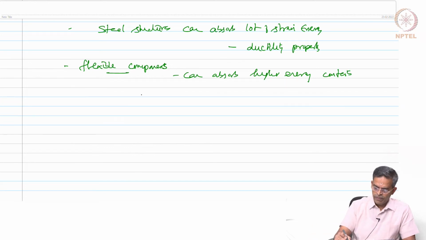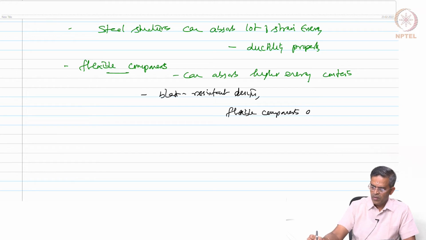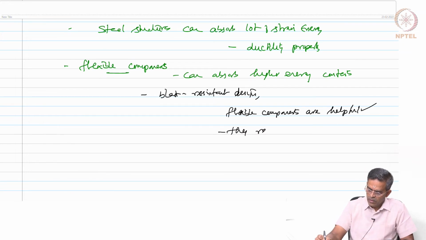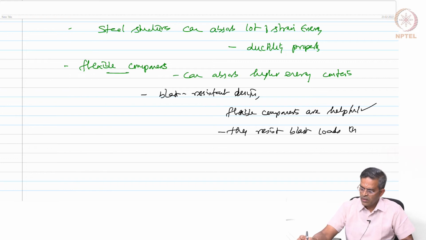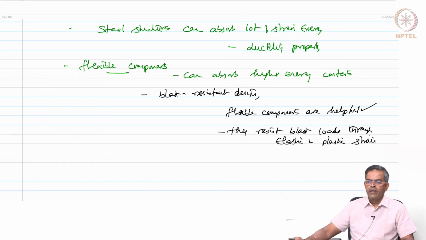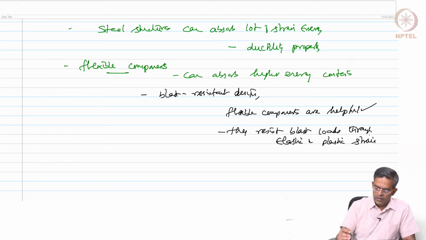So, friends, in blast resistant design, flexible components are helpful, because they resist blast loads through elastic and plastic strain.